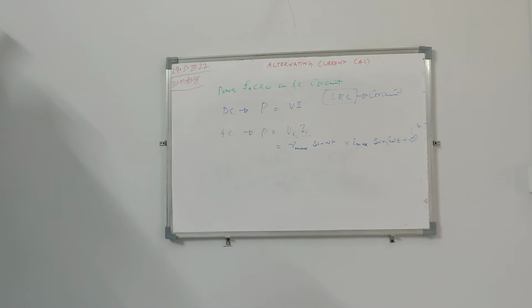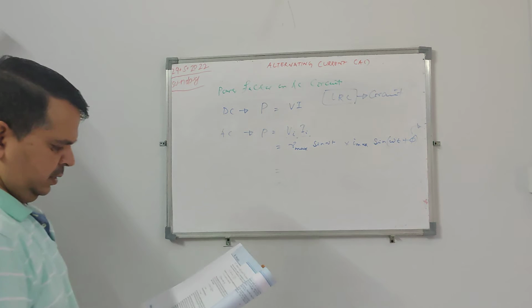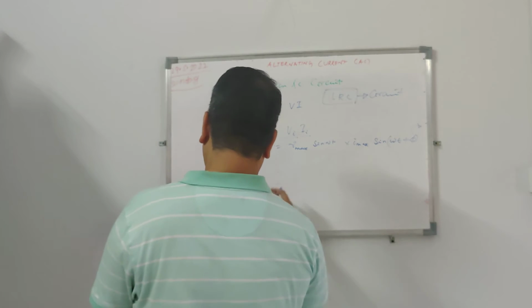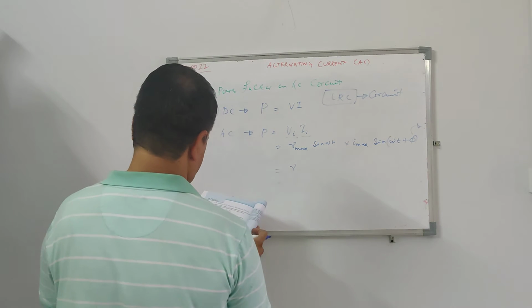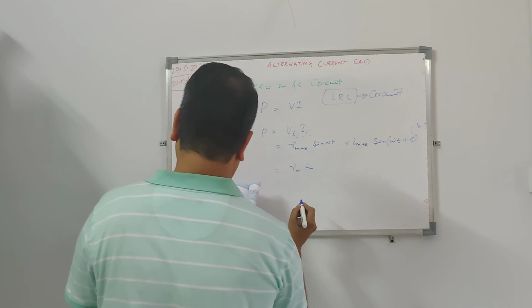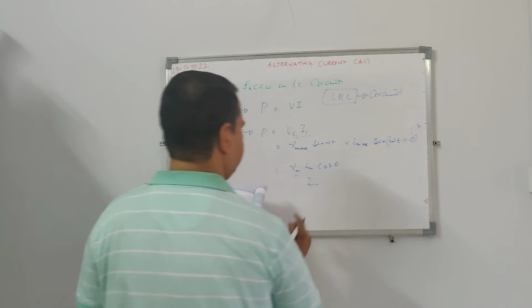If you multiply these two terms, finally it will get simplified to Vm into Im into cos phi divided by 2.